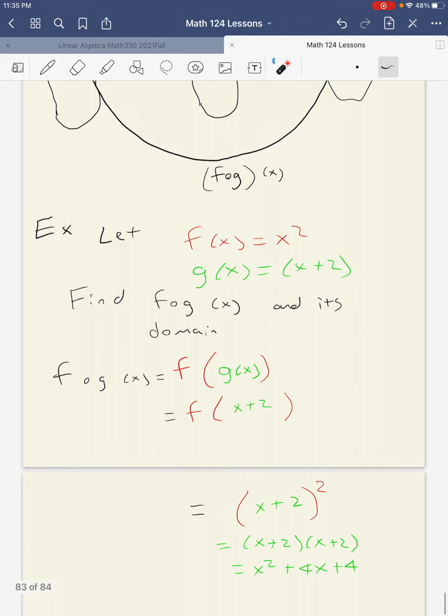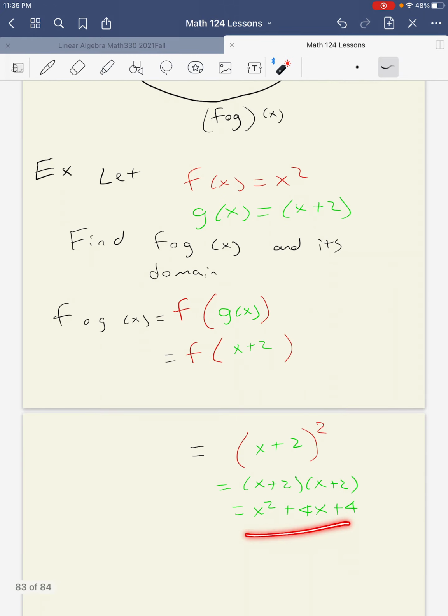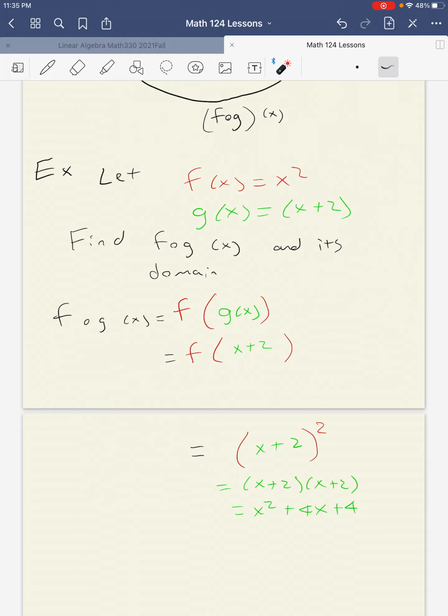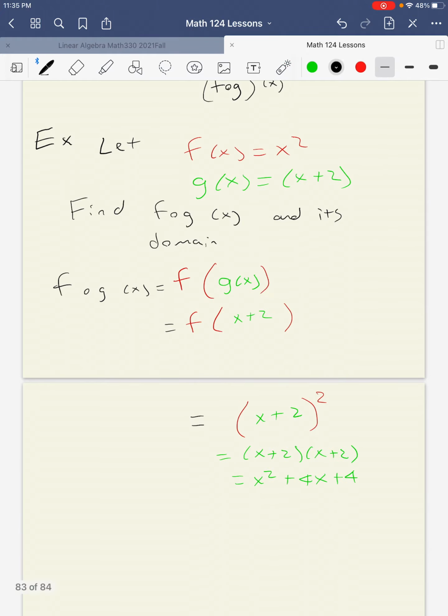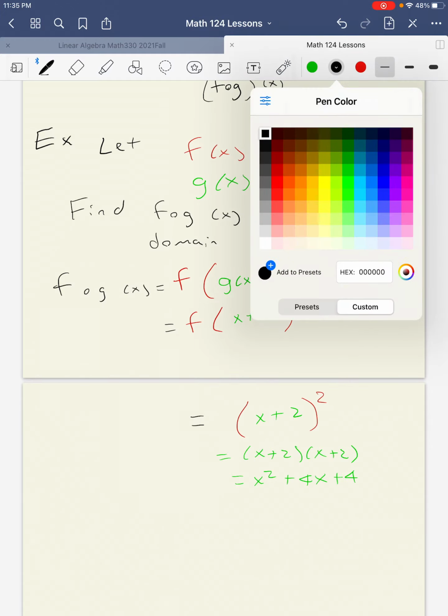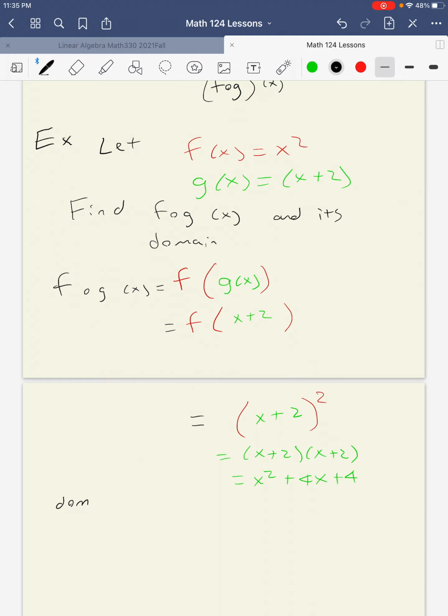Now sometimes when you do that procedure, it would be the same as just looking at this formula's domain. In this case it would be the same, but we'll see some examples shortly when we can't just look at the domain of the resulting formula. Okay, so the domain of the inner function g is all numbers.